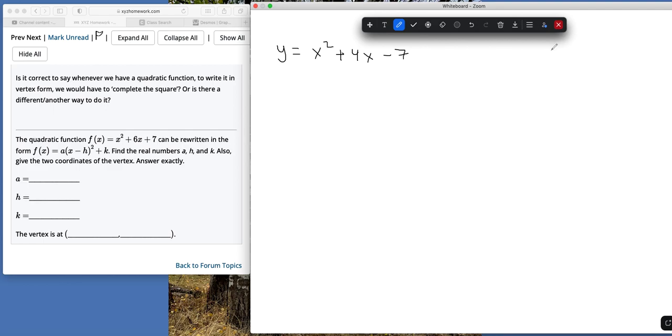I would ask for the vertex, axis of symmetry, x-intercepts, and y-intercept. So let me show you how to do all the possible things that you'll see on the exam. For the vertex, you could totally complete the square.